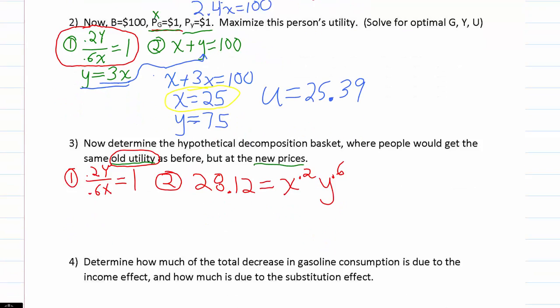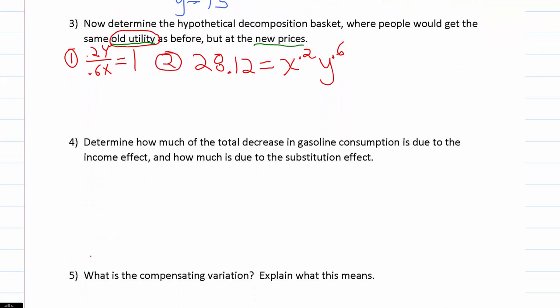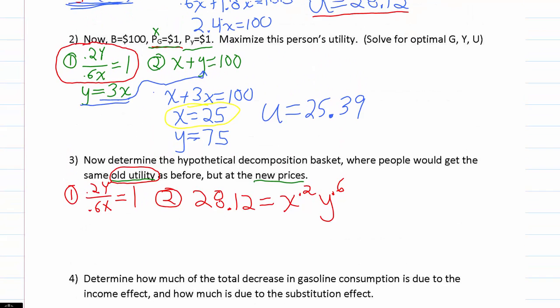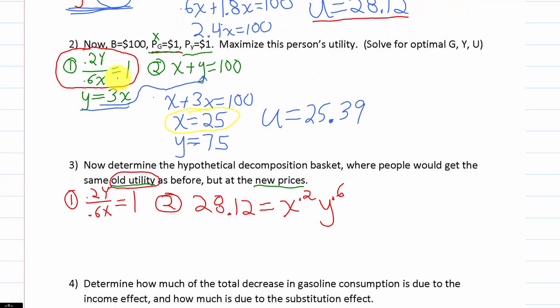Alright, so let's solve these two equations here. Now since this equation is the same as in problem number 2, then this simplification, y equals 3x, is also going to be the same. So y equals 3x. Now what we want to do is take this y equals 3x and substitute it in the second equation for y.